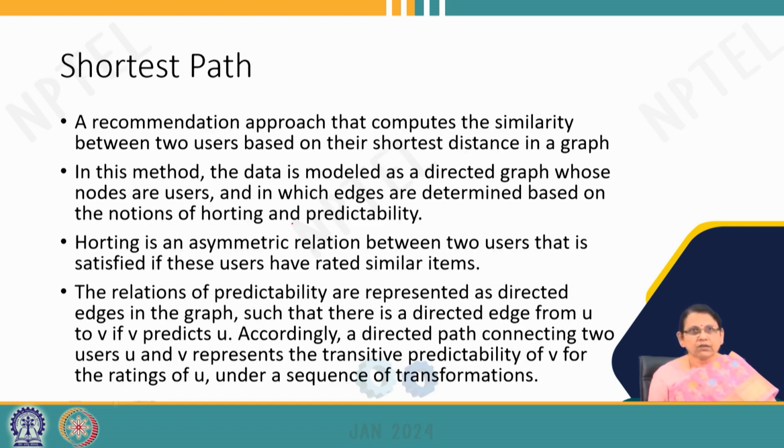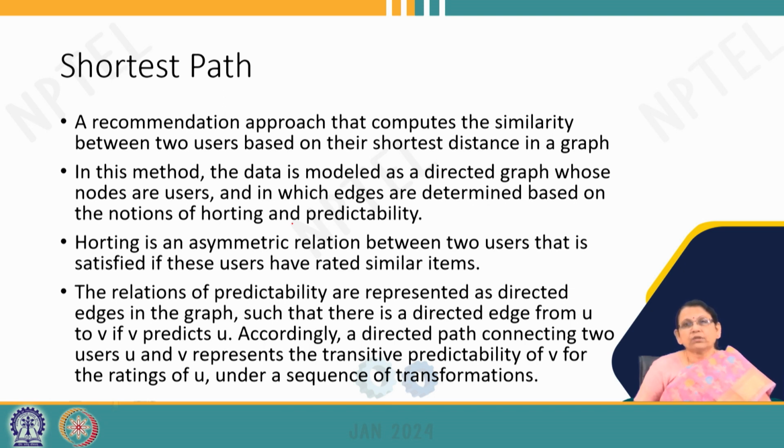To start with, when we talk about the shortest path, this is basically used while finding the similarity between two users. Now, from a user-item bipartite graph, looking at how they are connected through the edges, we can create one user graph.